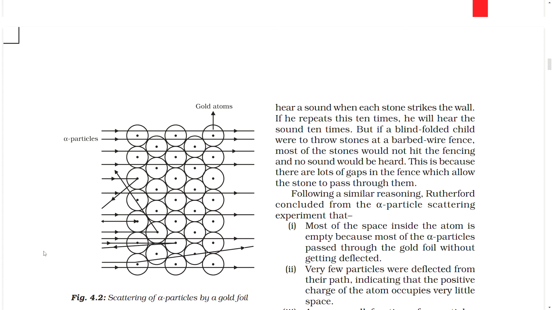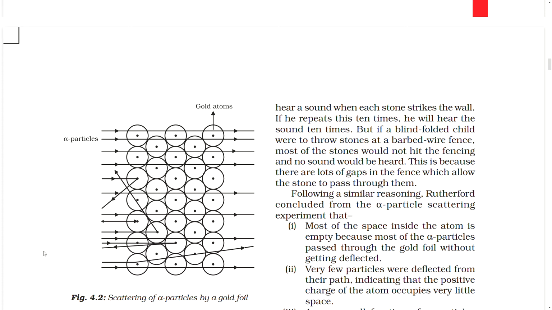But if a blindfolded child were to throw stones at a barbed wire fence, most of the stones would not hit the fencing and no sound would be heard. This is because there are lots of gaps in the fence which allows the stone to pass through them.